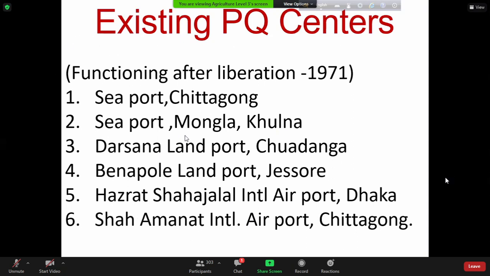These are the existing plant quarantine centers after liberation. You can see here Seaport Chittagong, Seaport Mongla Khulna, Darshana Landport, Chuadanga, Benapole Landport, Hazrat Shahjalal International Airport, Dhaka, and Shah Amanat International Airport. So these are the quarantine stations. In these quarantine stations, there are 6 mainly. Quarantine officers are employed to detect, to identify, and to issue the phytosanitary certificate.